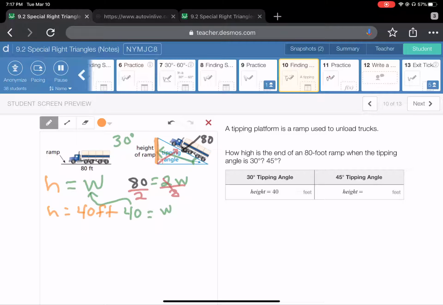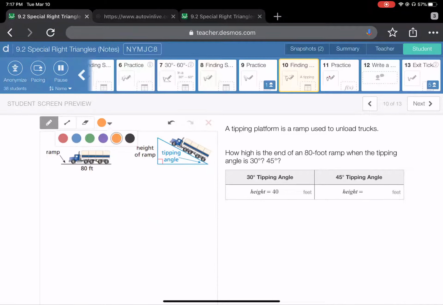I'm going to go ahead and X that out, because now we're going to do the one for 45 degrees. Let's say we angle this a little bit higher then. That angle there is now 45 degrees. So now we're going to be using the 45-45-90 triangle theorem.